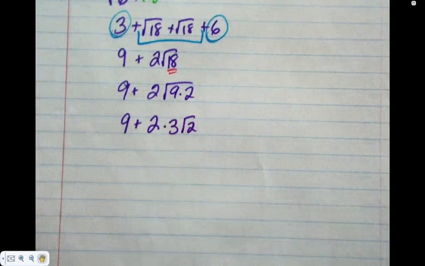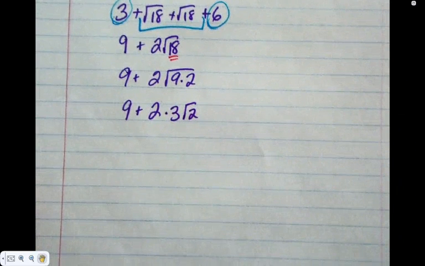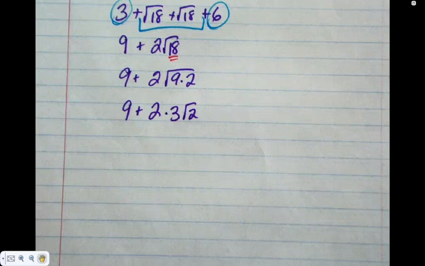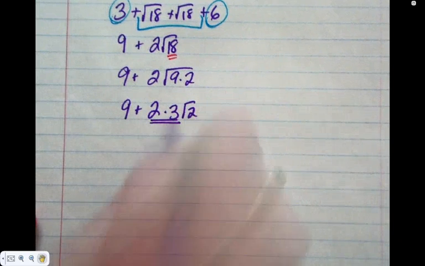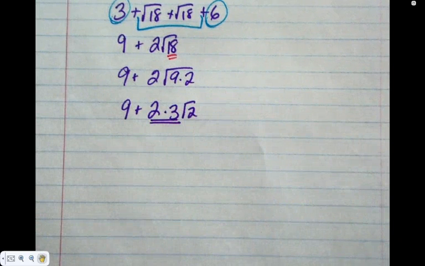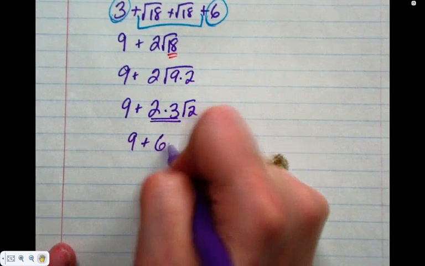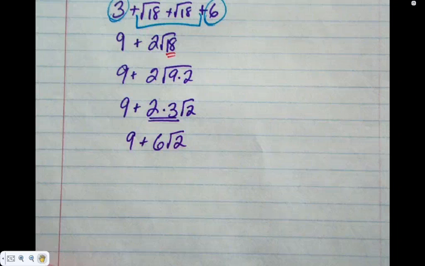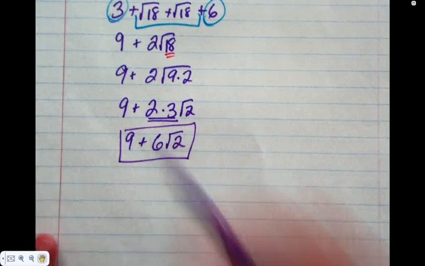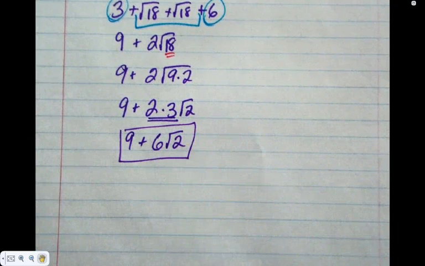And I'm going to leave the root of 2. And the last step, just like all the other questions, I'm just going to put those two coefficients together. We're multiplying, so 2 times 3 is 6, and then follow with the root 2.